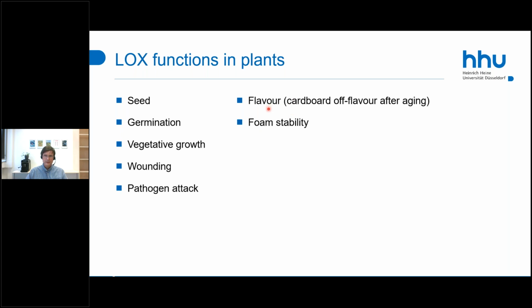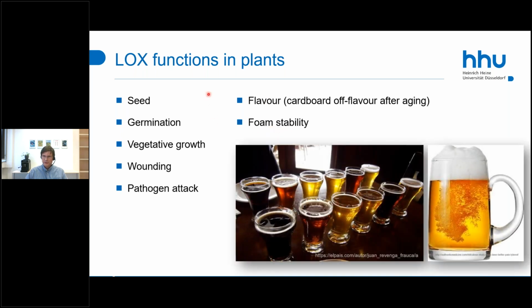On one hand, as I already described, it is the flavor, and on the other hand, it's foam stability. As we are a UK-based webinar, you may prefer a beer without foam, while I prefer a beer with foam.